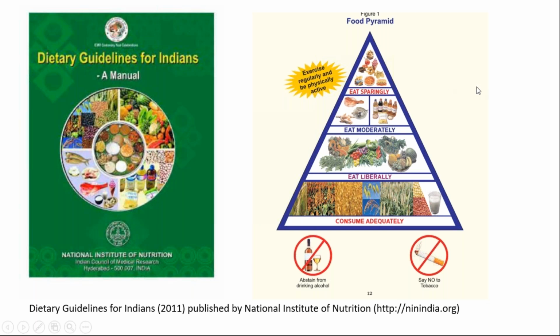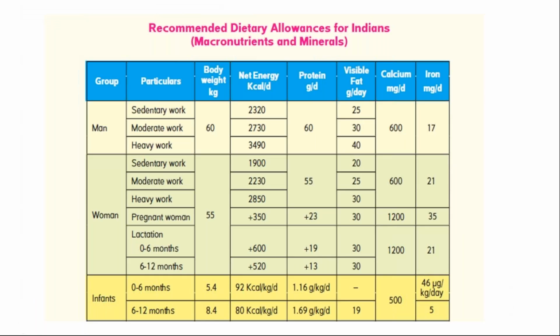It also gives the food pyramid for Indians based on Indian food. You can download this at the NIN website. Here they have given the recommended dietary allowances for Indians, and this table tells you that for macronutrients and minerals.